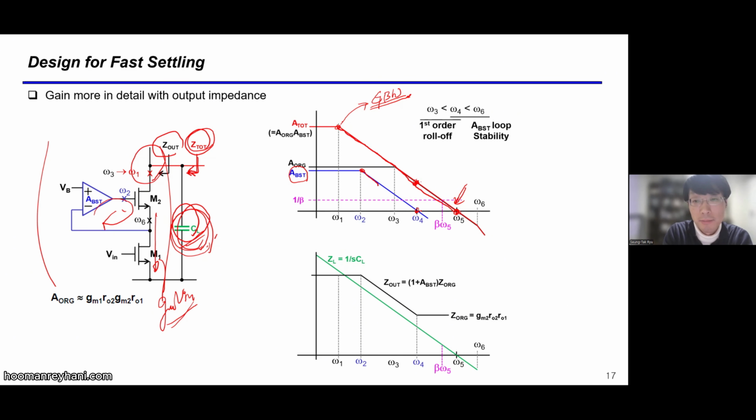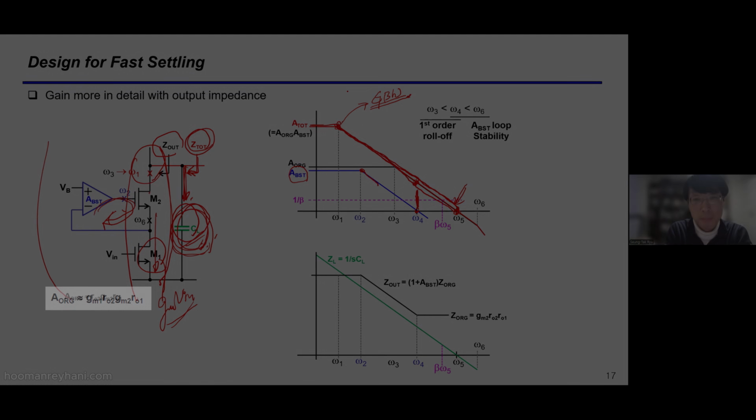Even when the amplifier gain became unity, we still have this high gain and load cap. So the output impedance is just determined by the gm and 1 over the capacitor's impedance. So it works like this.